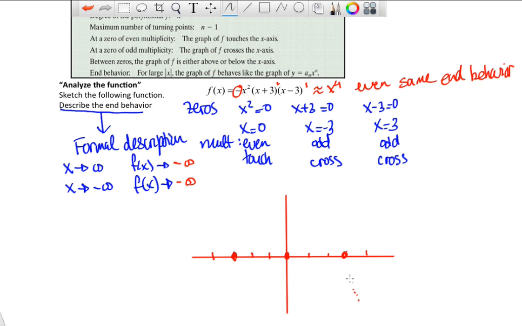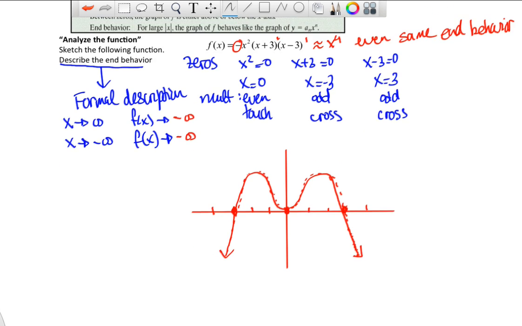On this side, it goes down, so I usually start on that side. It crosses here. It touches there. And it crosses there. So this is a reasonable sketch for this particular polynomial function. Okay, thanks.